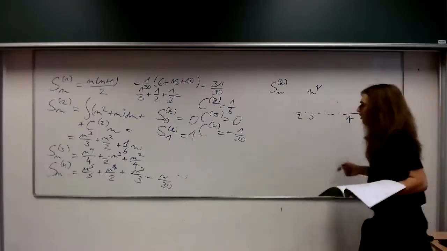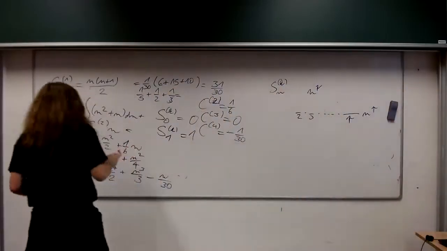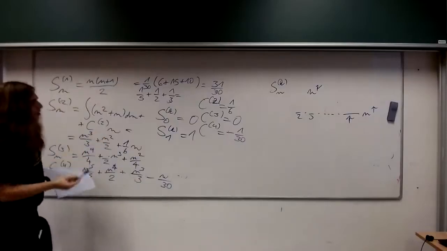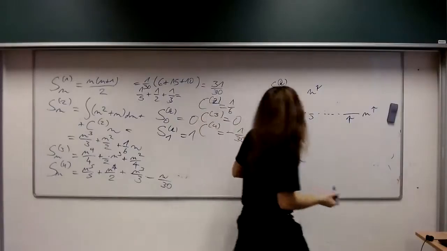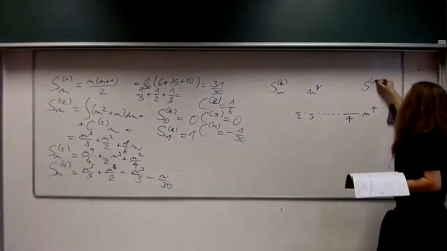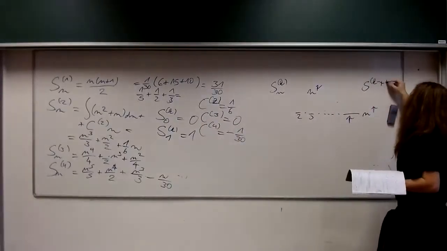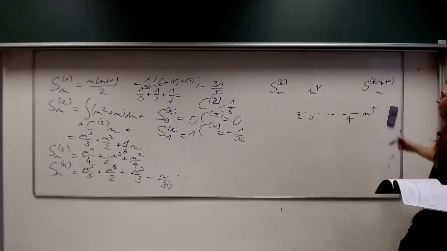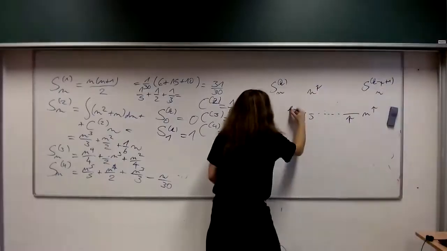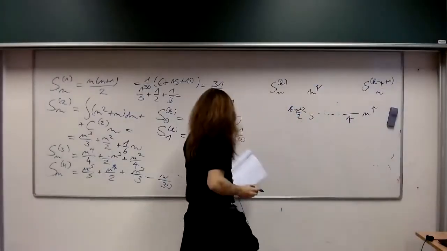But we also multiplied by some numbers. So if this was first seen in s_{k-p+1}, then the next number is k minus p plus 2.